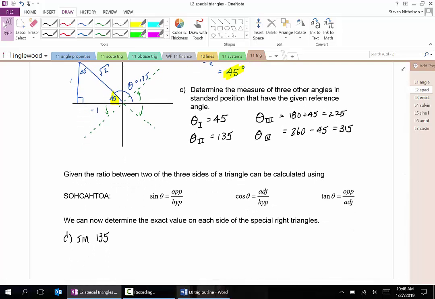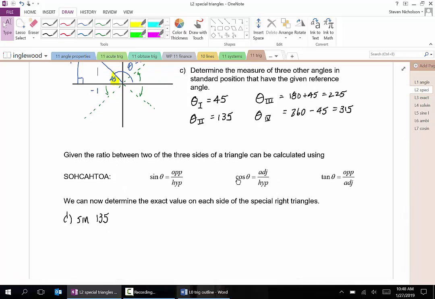So let's go ahead and just look at our picture up here, and we want to know what is the sine of 135 degrees. We're going to change this slightly. What is the sine of theta r? And theta r is 45.